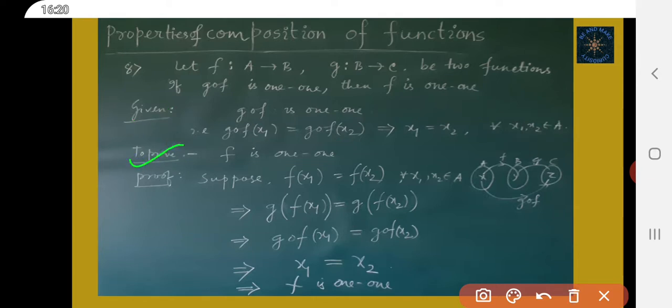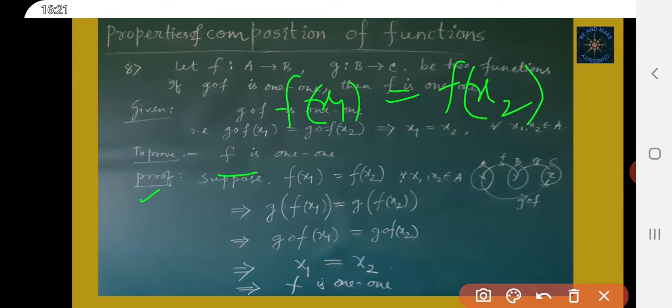Now to prove f is 1-1. Here the proof. Suppose f is 1-1 means if we take f of x1 is equal to f of x2, which implies x1 is equal to x2, then we can say f is 1-1.